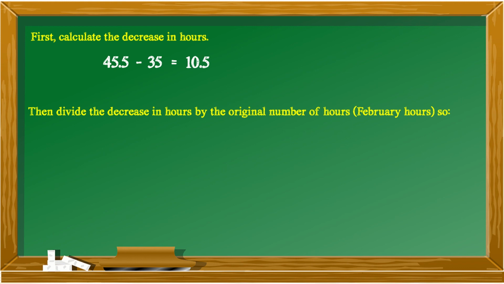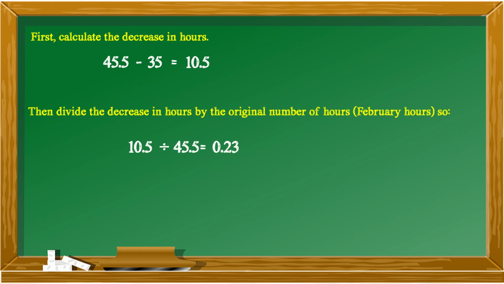The original number of hours is in February because February comes first before March. So, 10 and 5 tenths divided by 45 and 5 tenths is equal to 23 hundredths.